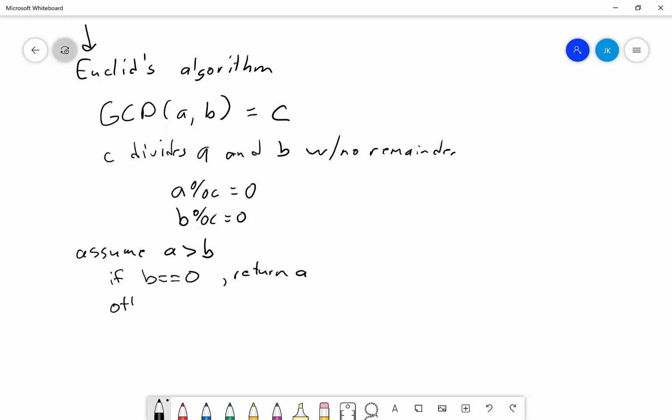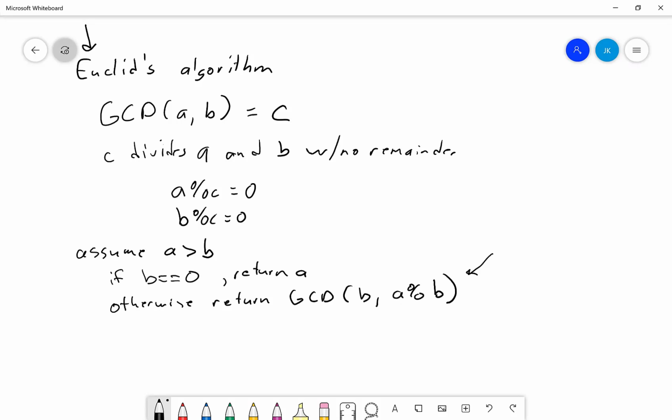Otherwise, we will return the GCD of B and A mod B. It's a very simple routine. That's it. That's the basic Euclid's algorithm.